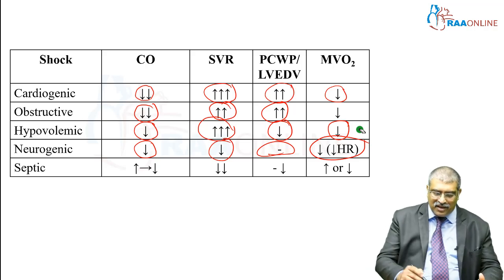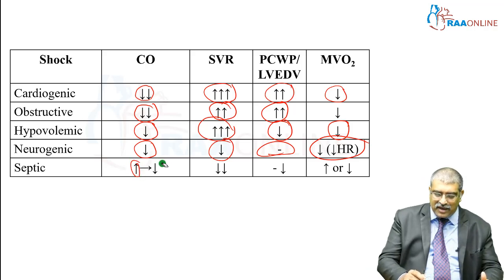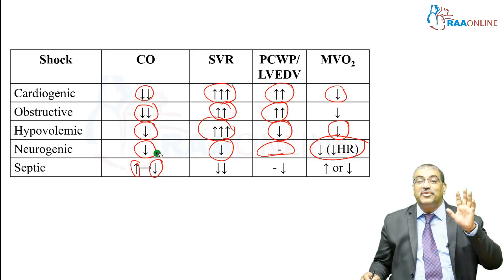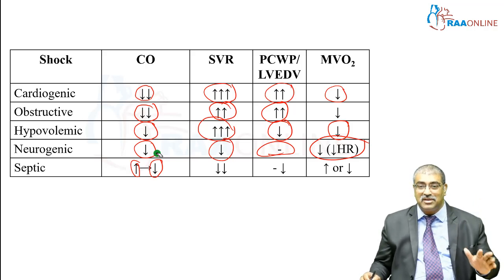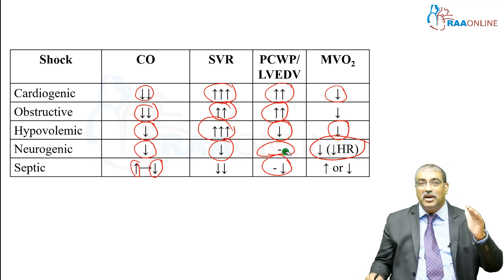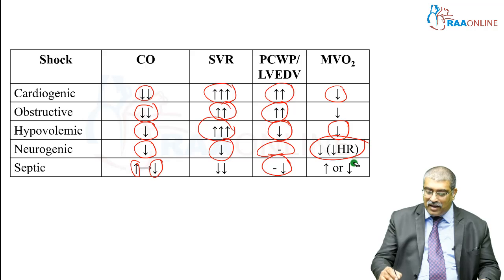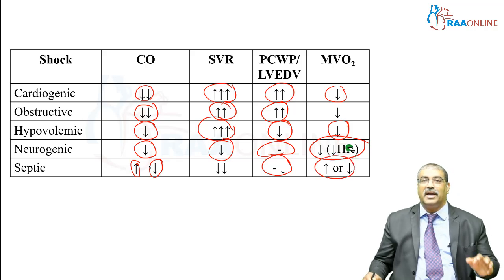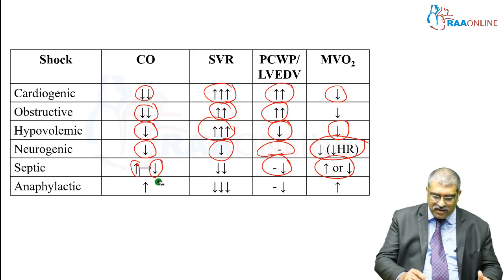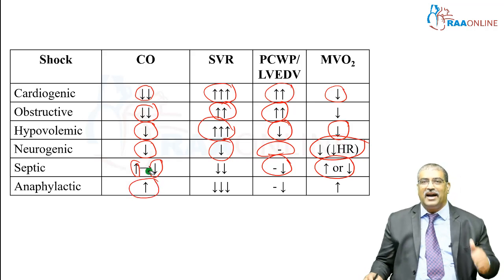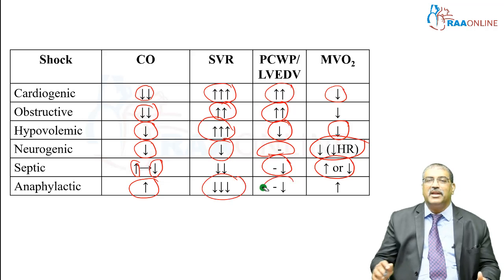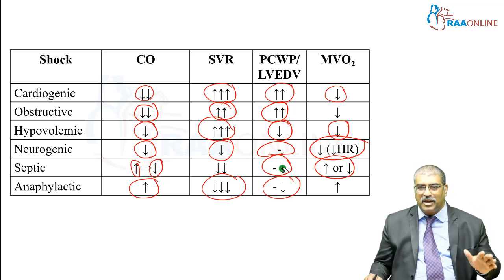In septic, initially there will be high cardiac output, at a later stage or in the final stage the cardiac output will be low. SVR is drastically reduced in sepsis. Your pulmonary capillary wedge pressure or left ventricular end-diastolic volume may be normal or low, and the MvO2 initially will be high and later it will be low. Anaphylactic shock, again your cardiac output will be high, SVR is too low, and your pulmonary capillary wedge and end-diastolic volume can be reduced.